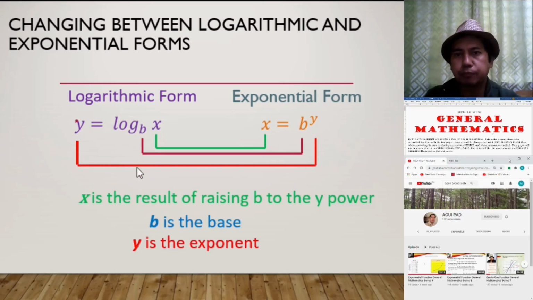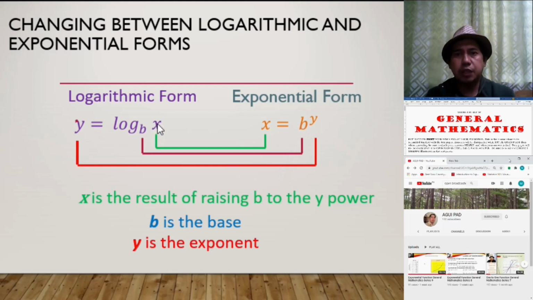So I repeat, a logarithmic form can be converted into exponential form. The result in the logarithmic form, y, is the exponent in the exponential form. The base in the logarithm will always be the base in the exponential form.